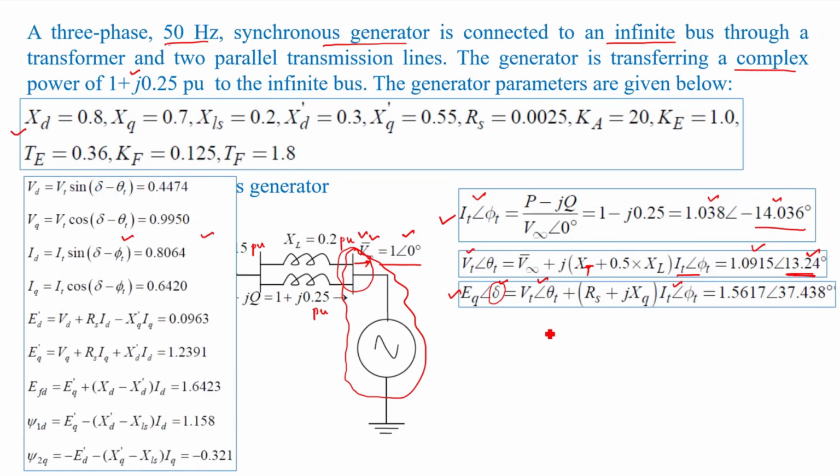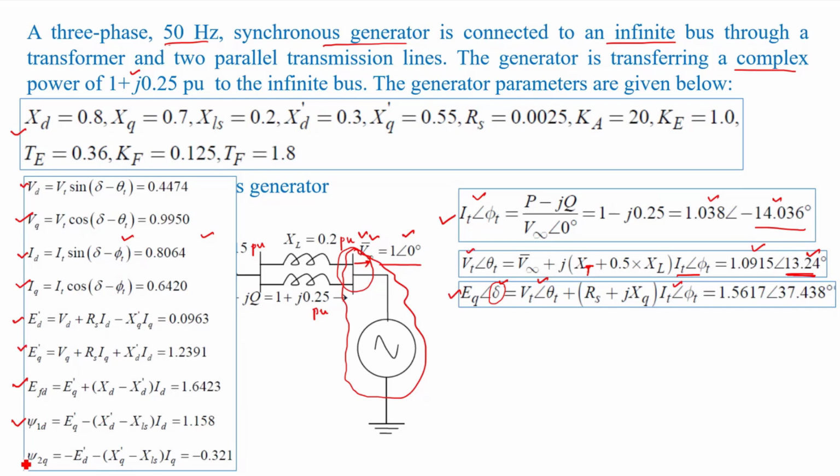Okay. So now we can very easily initialize the parameters. We know Vd equals Vt sine of (delta minus theta t). Just put the equations and initialize. Substituting the values, we can find Vd, then Vq, then Id, Iq, Ed dash, Eq dash, Efd.